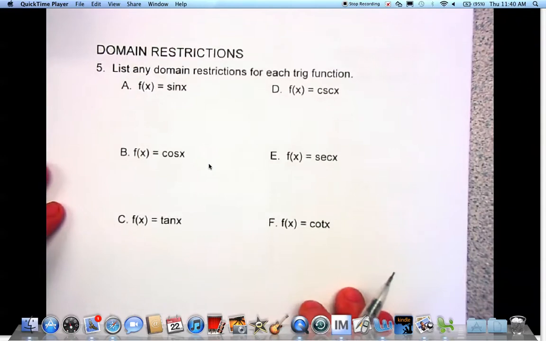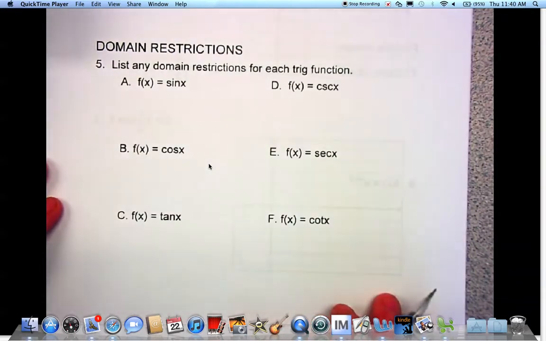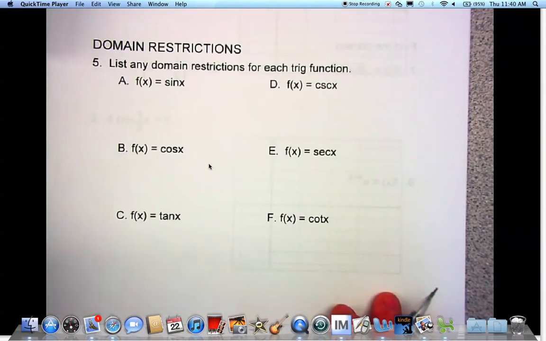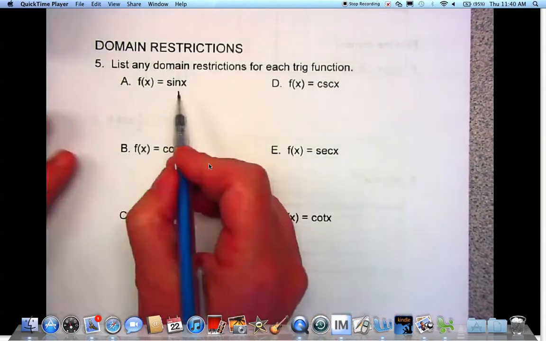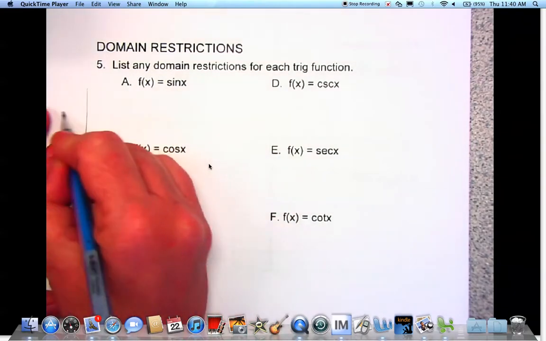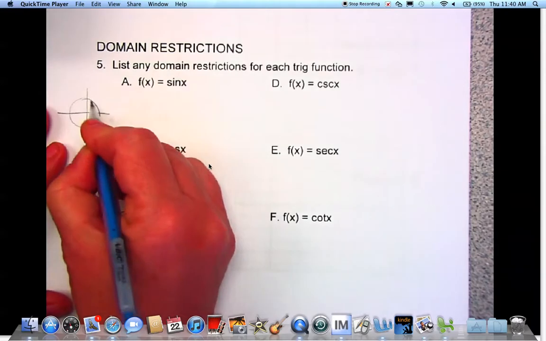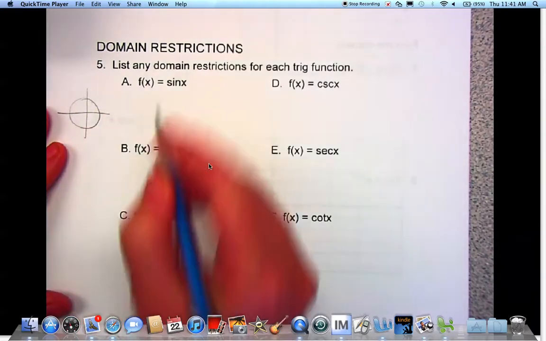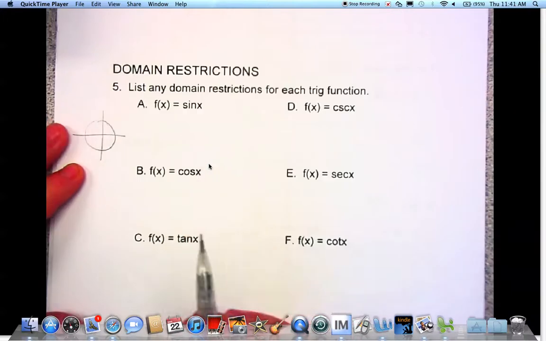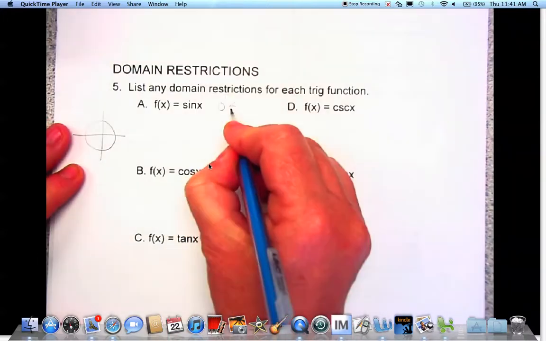We're going to look at the domain restrictions for each trig function. In other words, what can x not be? And this is going to help you a little bit when you're checking. So sine of x, is there anything sine can't be? No. In the unit circle, it can be anything. It just says this is between 0 and 2 pi.